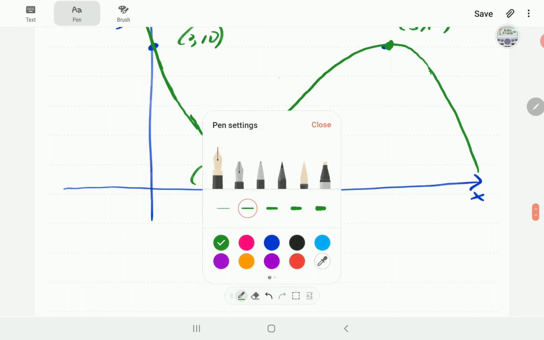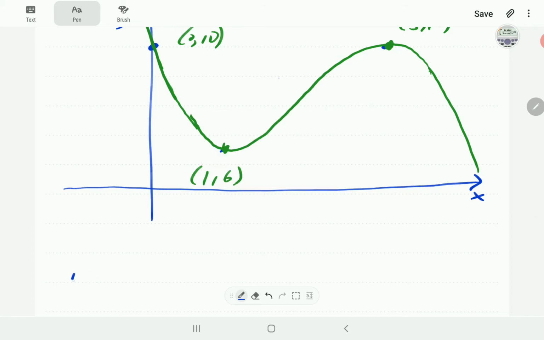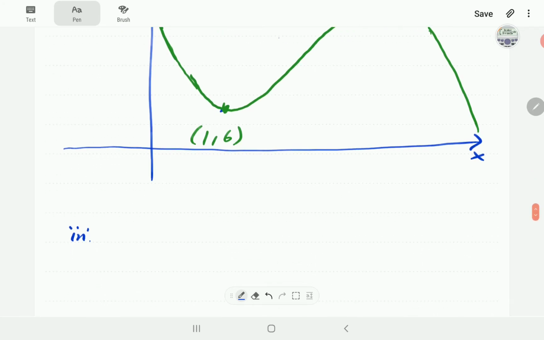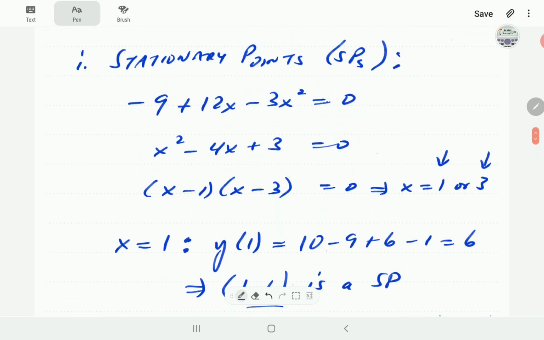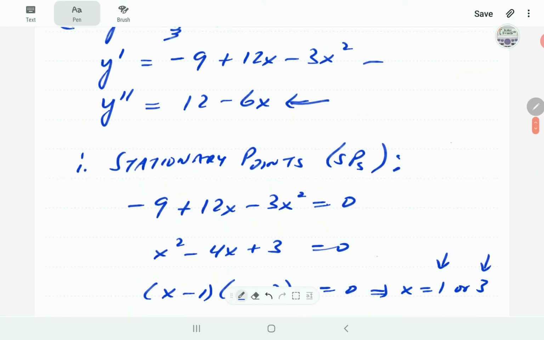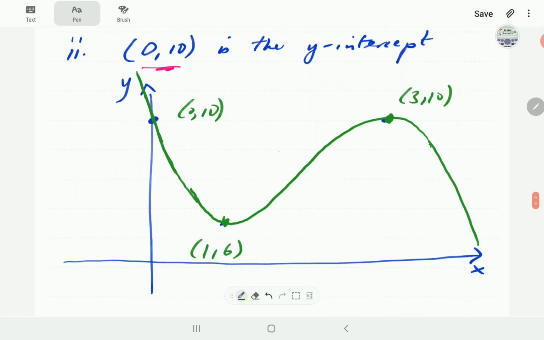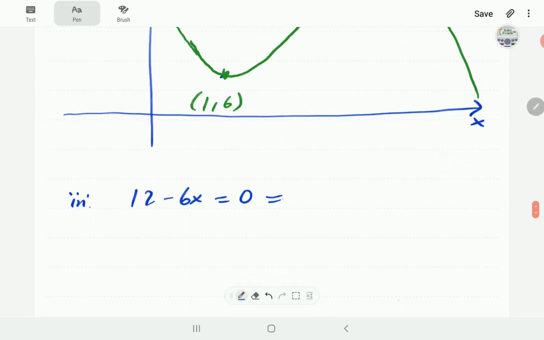So in part 3, we're looking for the inflection point. The inflection point we find by taking the second order derivative and equating it to 0. In this case, the second order derivative, which we found here, is 12 minus 6x. If we equate it to 0, then we find that x is equal to 2.